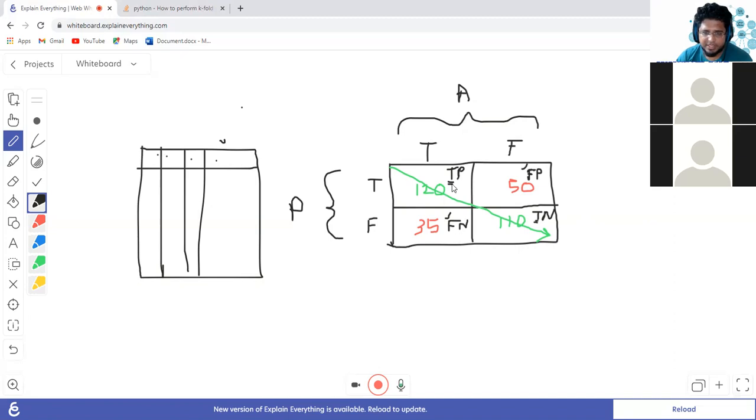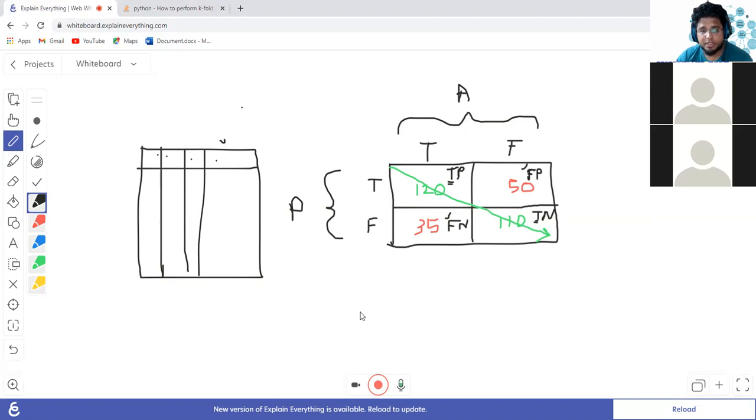The higher the value of true boxes, the better the model. The lower the value of the false boxes, the better the model, and vice versa, right? So this is also one more way in which we can evaluate models.